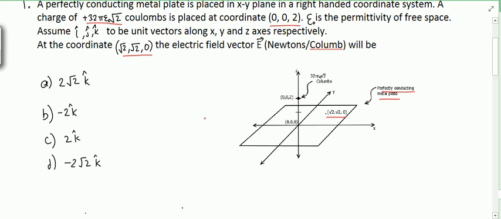So using image theory, the charge is plus 32 pi epsilon naught root 2 at 0, 0, 2, and at the same distance on the other side, at 0, 0, minus 2, the image charge will be minus 32 pi epsilon naught root 2 coulomb, the negative charge. Due to these charges we have to find the electric field, and choose which option is correct. So let us see.